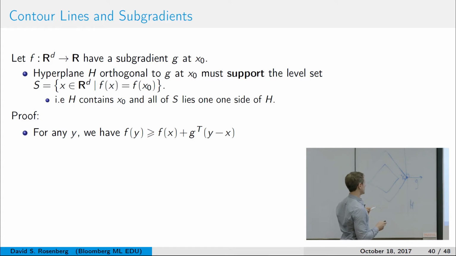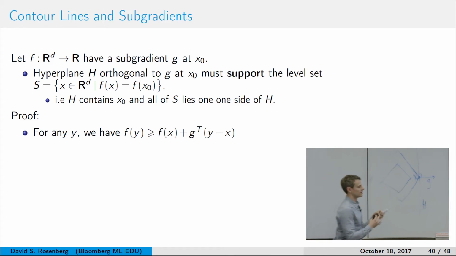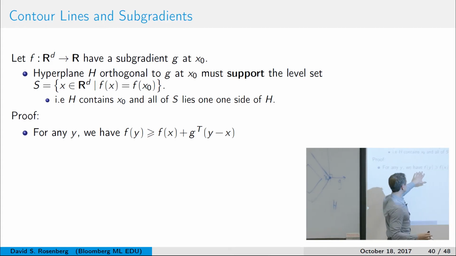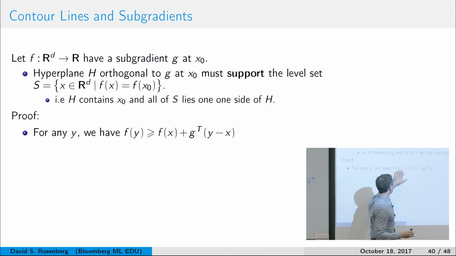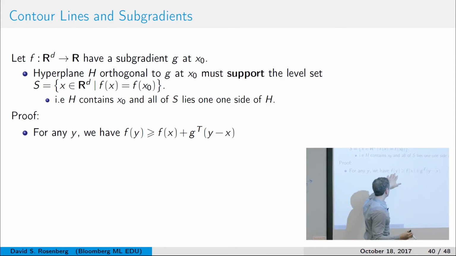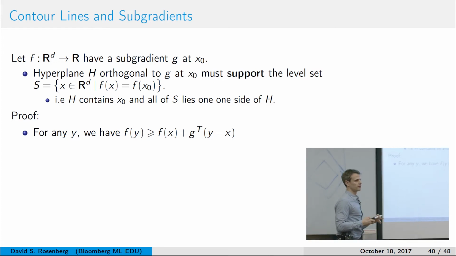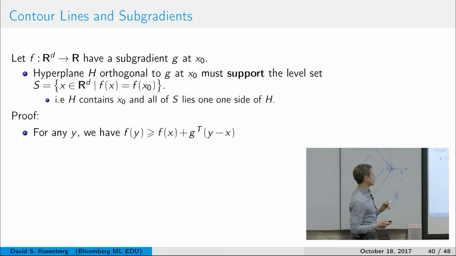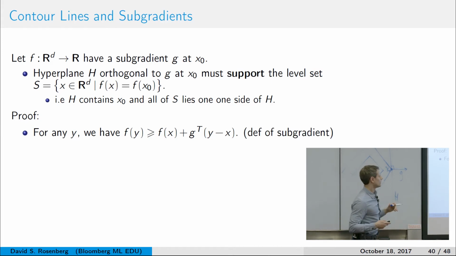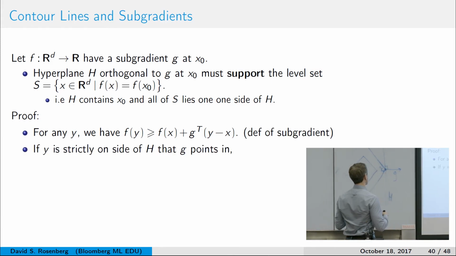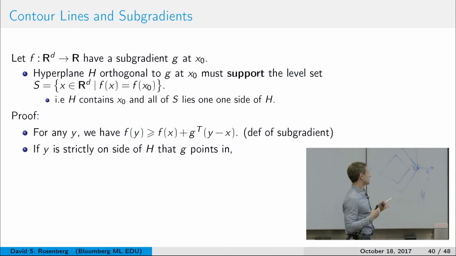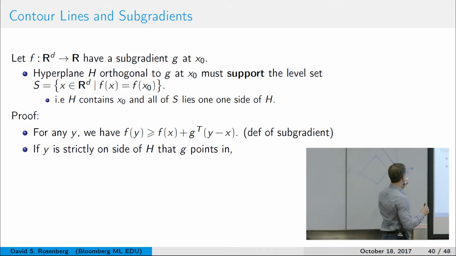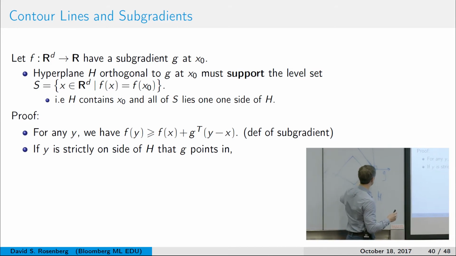So the proof is actually straightforward from this basic property of subgradients. Right? So if g is a subgradient, then we know that this linear expression is a global underestimator of f of y, for any y. That's the definition of subgradient. So now we're going to do a proof by contradiction. So suppose we have some y, part of this level set, that lives over here.